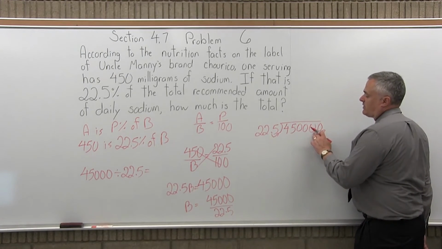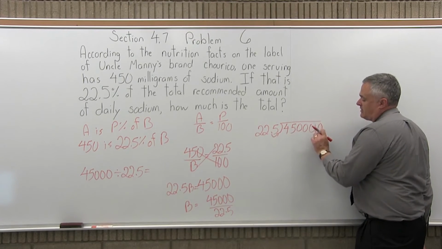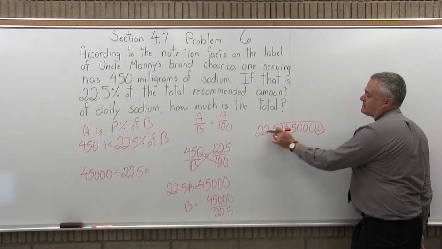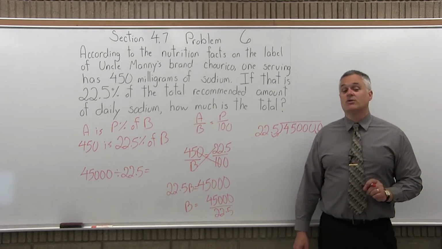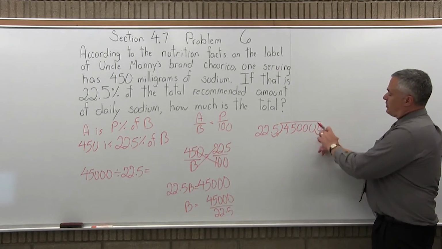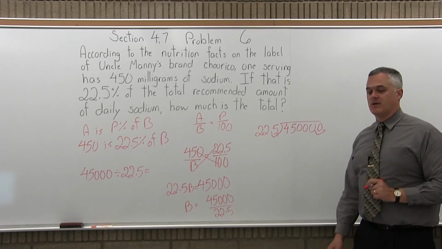There is no decimal written there, but you can assume it's at the far right end, so it's 45,000 decimal point. If I pull it one position to the right to make 225, it makes a blank, and you fill in that blank with a 0.